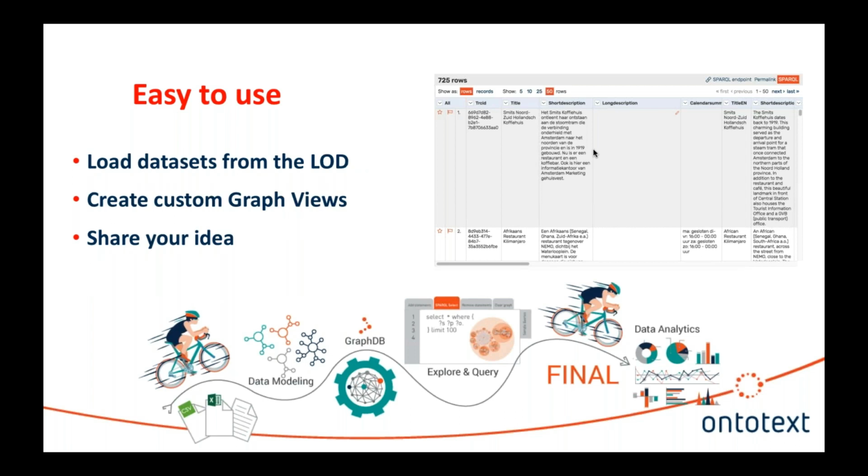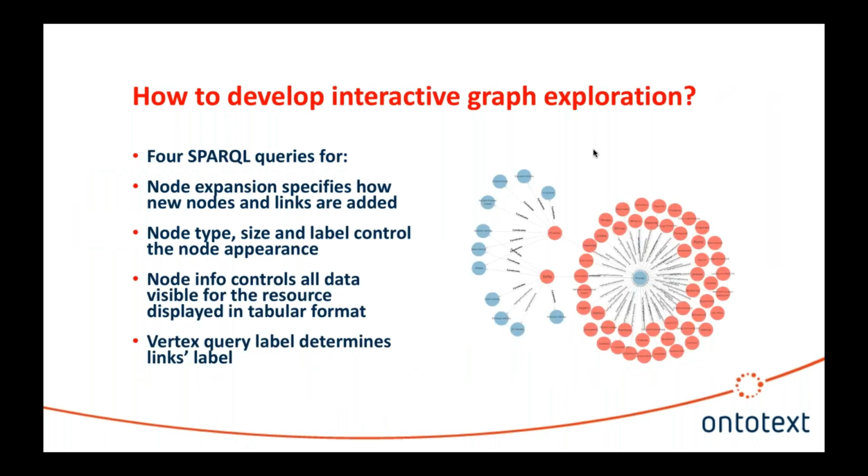At a later stage, you can also load any data sets from the Linked Open Data Cloud or any other RDF data sets. Now, the really exciting thing which we are going to show today is how you can visualize this data and create custom graphs out of it. And obviously this is the way you can share your ideas with the rest of the world.